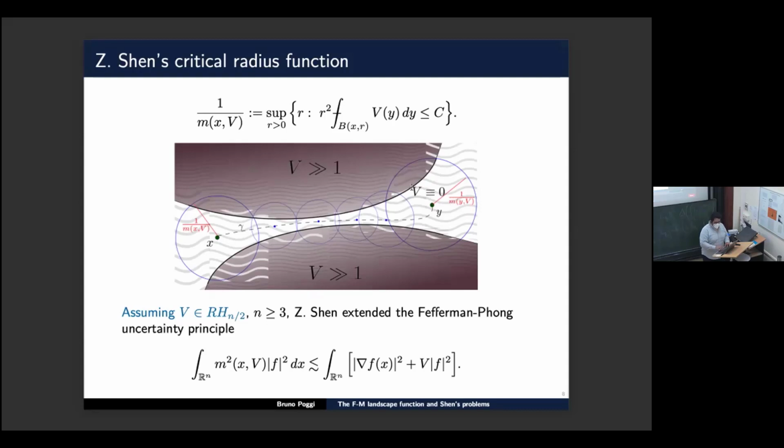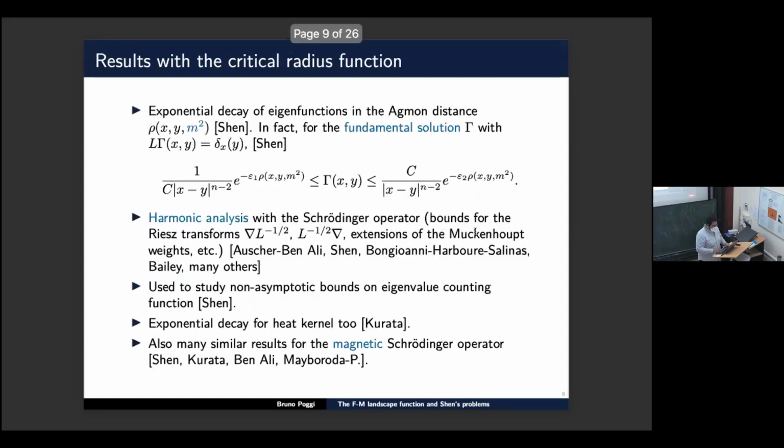However, if V is 0 in this white region and it's very large in these other regions which are close, the function m will see those larger regions and will take those values. And so it gives you the correct weight to give exponential decay of solutions. So that's why it was used to show the exponential decay of eigenfunctions in the Agmon distance, now with m squared, not with 1 over u.